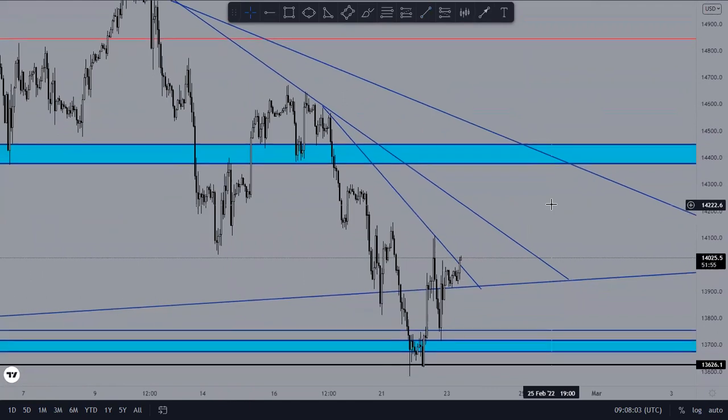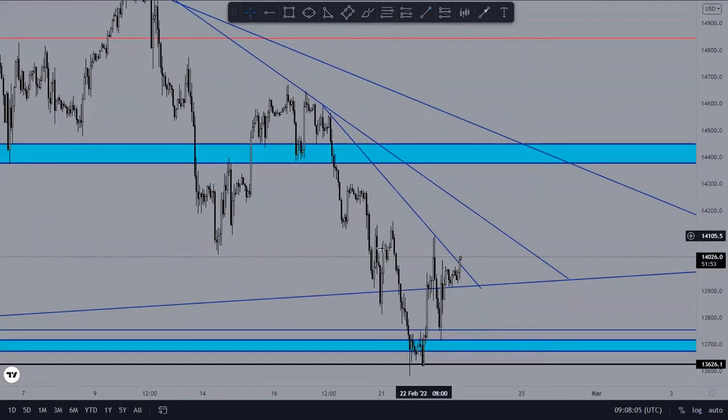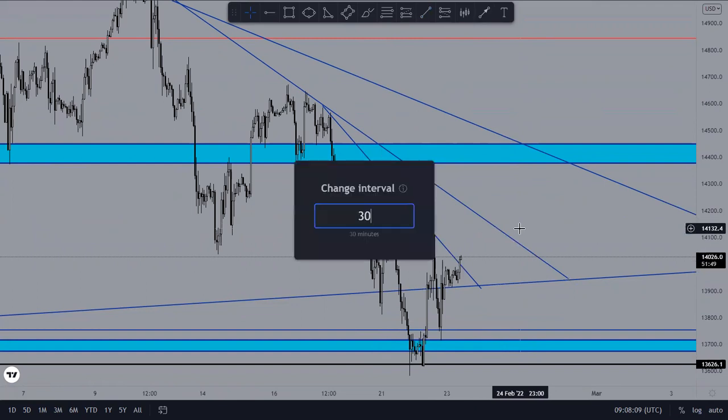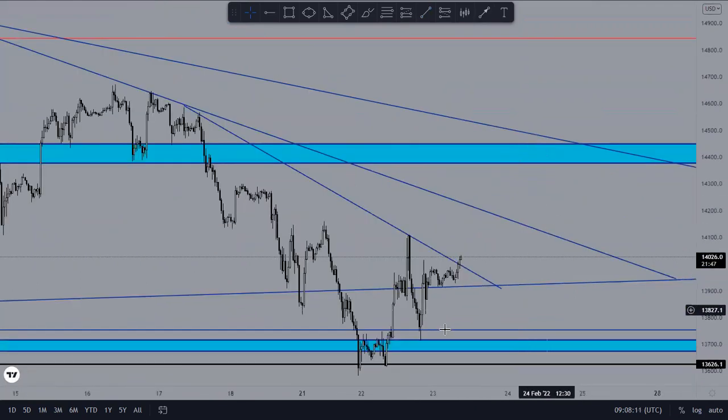Another beautiful scenario on this Nasdaq, let's scale down to a lower time frame. The trend line that has been broken, that one broke there. So roughly we're expecting this market to go all the way to that next trend line.